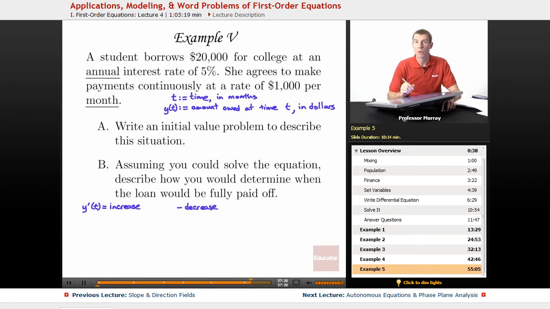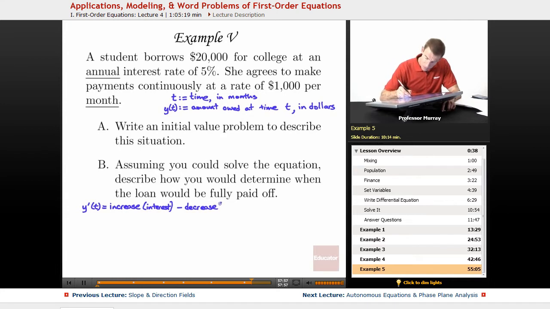So let's think about what each one of those would represent. The increase, what's making the amount that she owes increase? Well, that's the interest. As she keeps the money, interest builds up and she has to pay back more later. So the increase is determined by the interest.